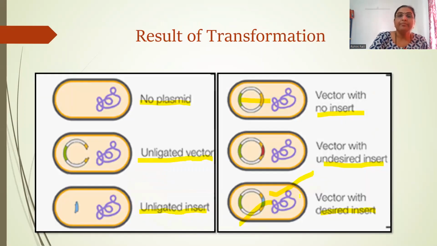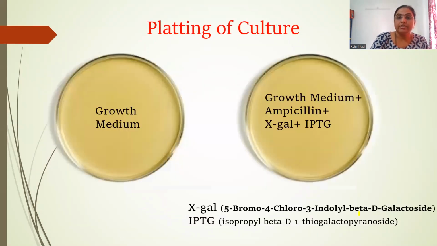Now here we have to select for the desired insert. Just now we have seen that the plasmid is going to provide the alpha peptide for the host. The alpha peptide is going to combine with the omega peptide and form the functional beta-galactosidase.